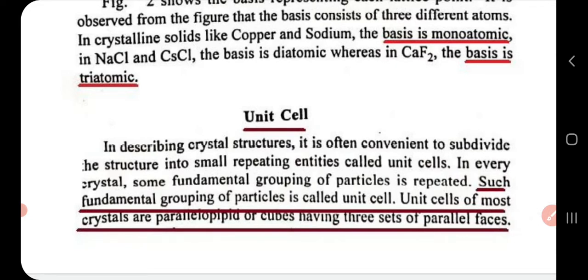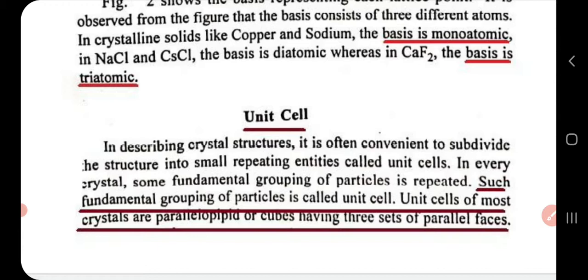Next one is the definition for unit cell. A unit cell is the basic or the fundamental building block of a crystal structure. Or another definition is that it is the smallest volume cell which, when arranged in three dimensions in a regular fashion, generates the entire crystal structure.